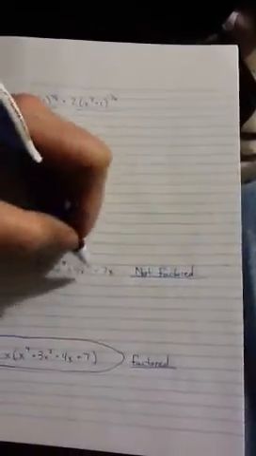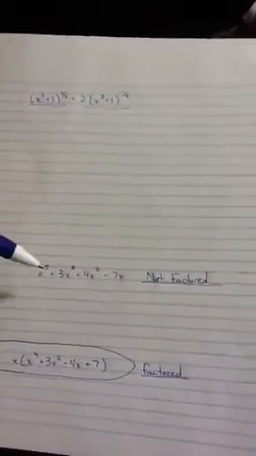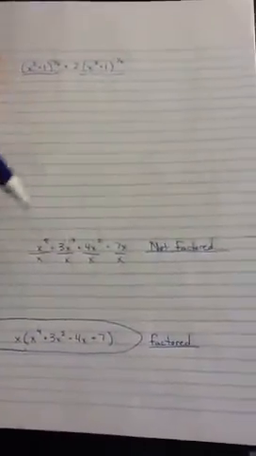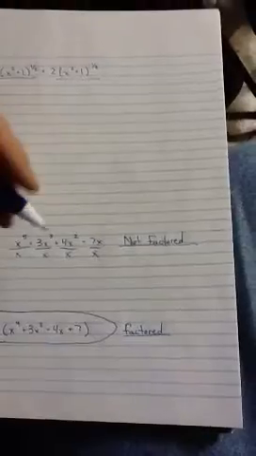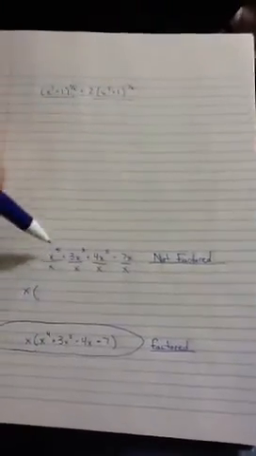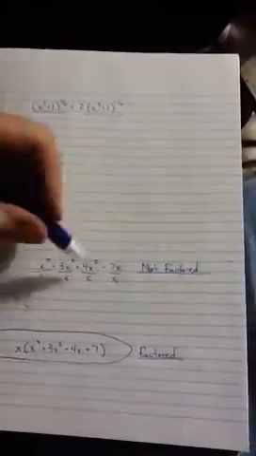So if we're going to factor out an x to the first power in this equation, then we're going to divide each term by x, and when you divide exponents, you just subtract them. So we pull that x out front because we're factoring it out, and then we subtract the powers.